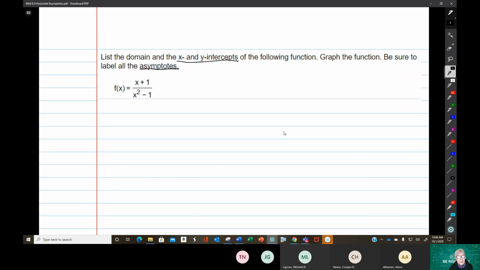So we are going to analyze this right now. And the way I start is this. I always find the domain first. And to do that, I have to factor.